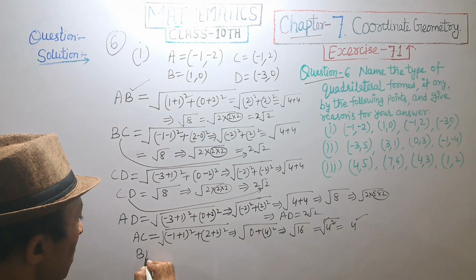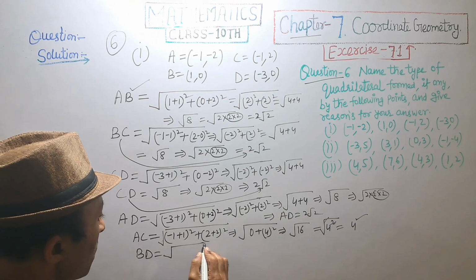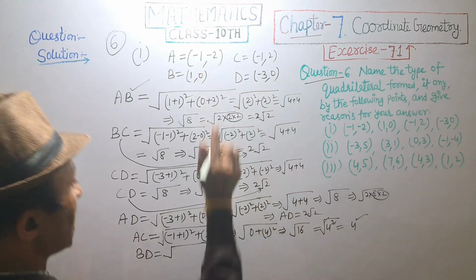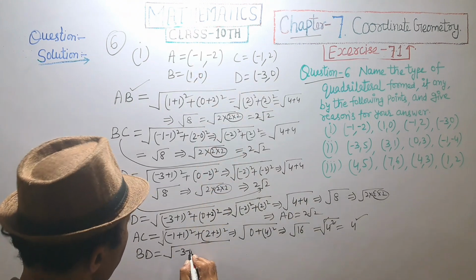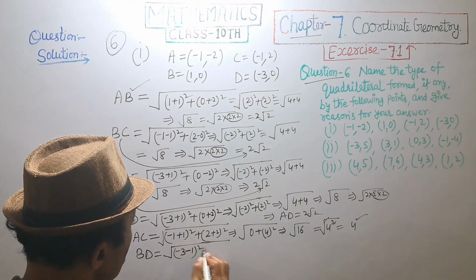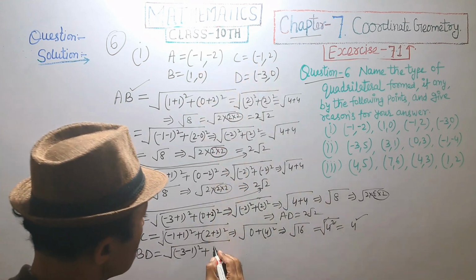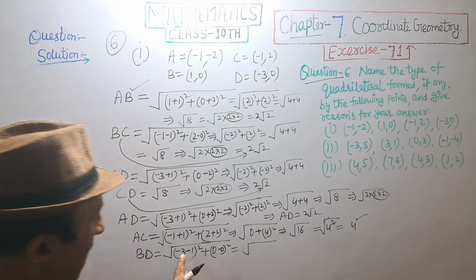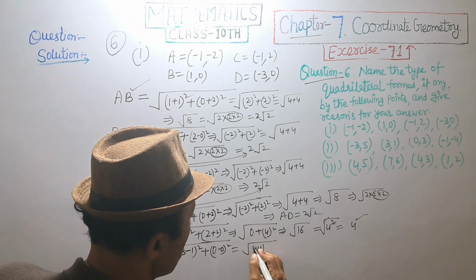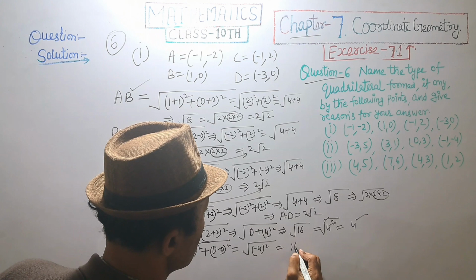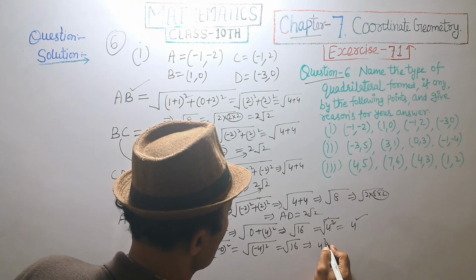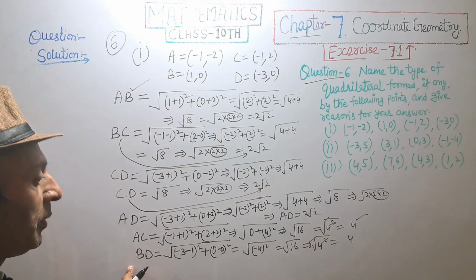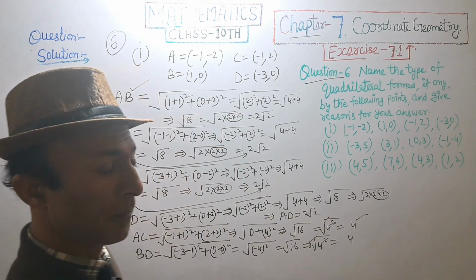And BD by distance formula: (x2 minus x1) square means (minus 3 minus 1) raised to power 2 plus (0 minus 0) which is 0 raised to power 2. Minus 3 minus 1, that is minus 4 raised to power 2, is equal to 16, that is 4 into 4, 4 fours are 16, and we get the value of BD is equal to 4.